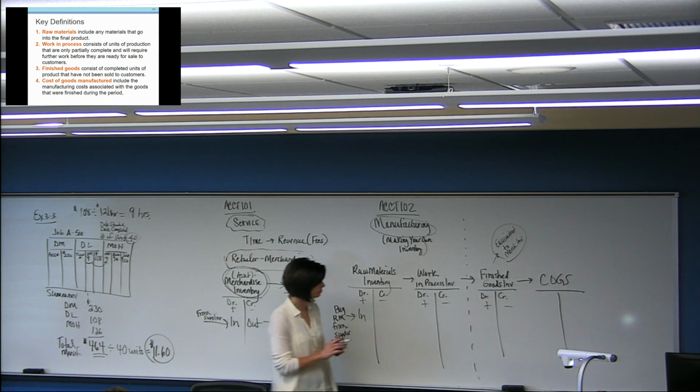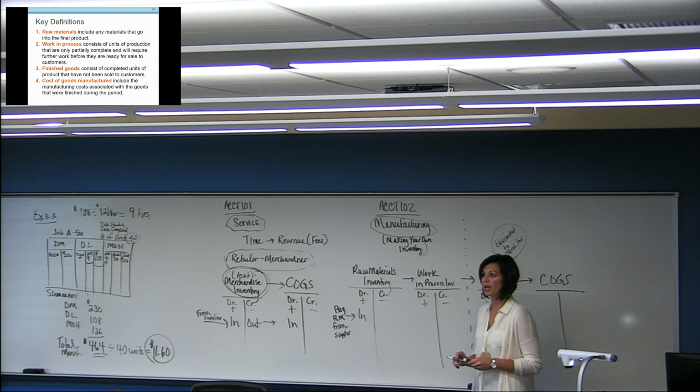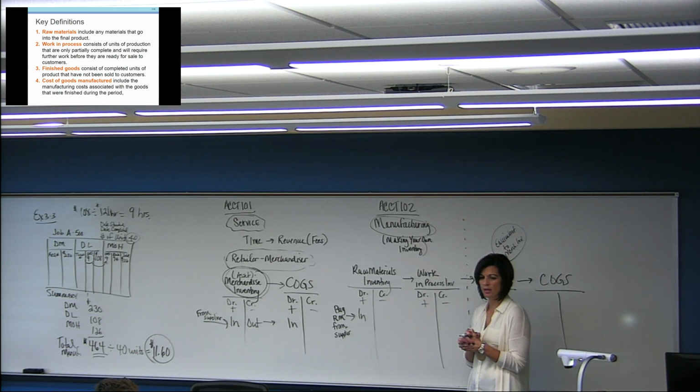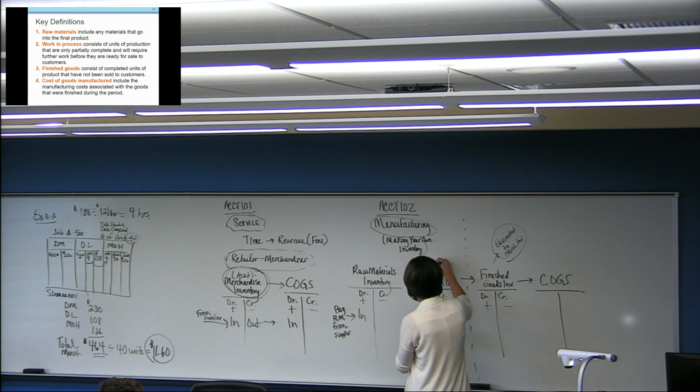Okay? Now, why do I buy raw materials? Well, I buy them to use in my manufacturing process, right? So what are my 3 main manufacturing costs again? You guys all know this by now. 3 main manufacturing costs. Direct materials, direct labor, manufacturing overhead. The work in process account represents the manufacturing process.